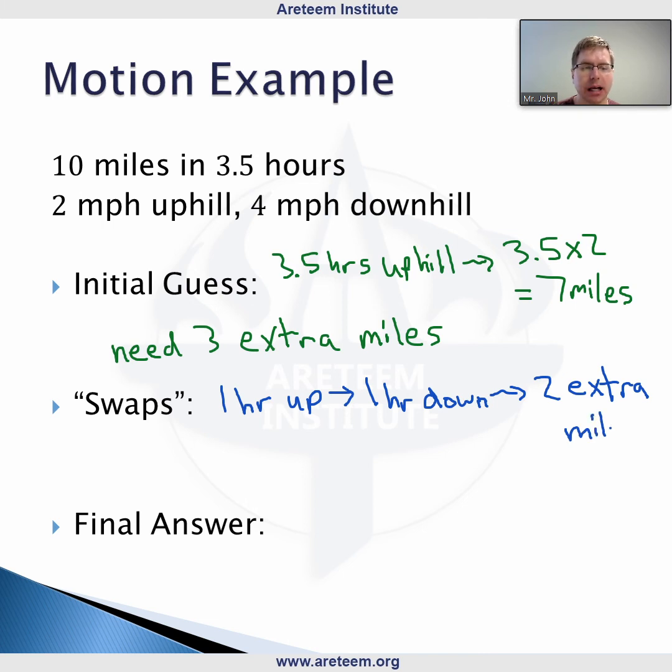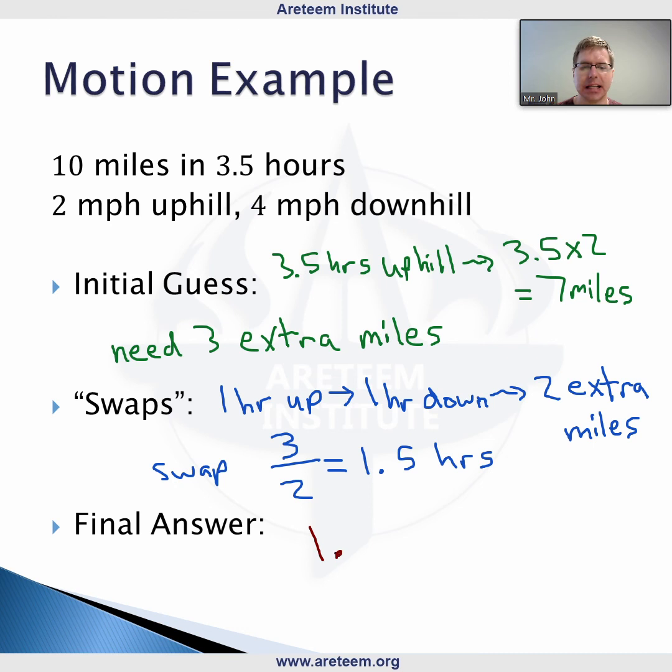So here's how we can be thinking of these swaps. Now, we already have it in the problem, but it's worth repeating that half hours, fractional hours, are fine here. So how many swaps do we need? We need 3 extra miles, and every swap gives us 2 extra miles. So we need to swap 1.5 hours. That seems a little weird with decimals and fractions, but that's totally fine.